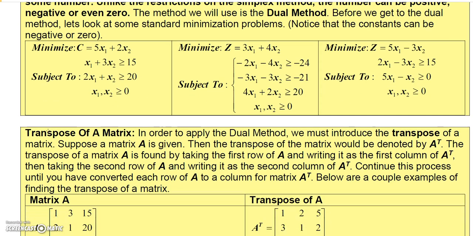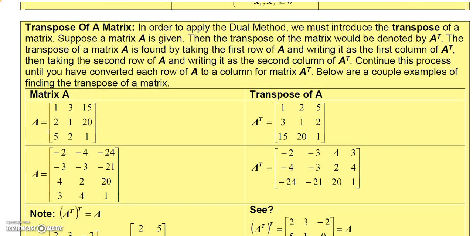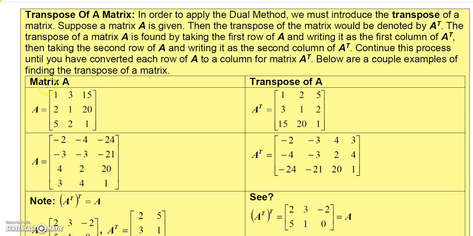Before I teach you how to use the dual method, I need to explain to you how to transpose a matrix. So all you have to do to transpose a matrix is, let's say I've given you this matrix here, A, and it's actually 3 rows by 3 columns. So all you do to transpose the matrix is you simply take the first row of the matrix and convert that to the first column.